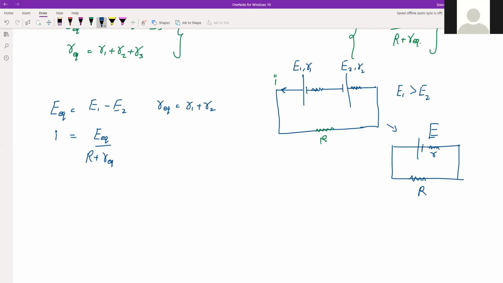So we have E equivalent and R equivalent here. You just have to use it. This is how it works in series. It's actually straightforward, right?